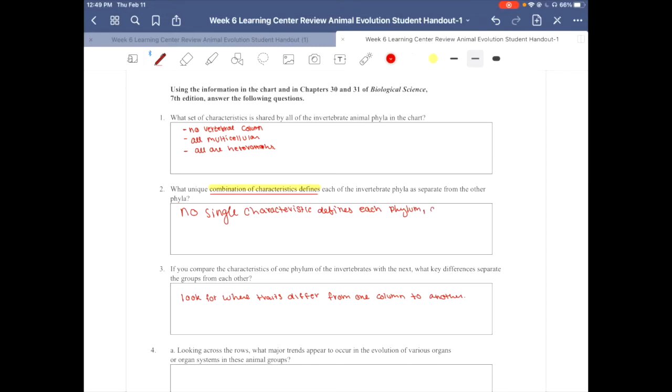And I'm also going to write, and each phyla is unique and can't have all the same traits.